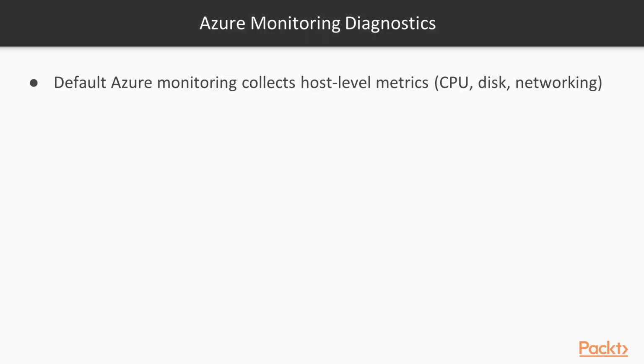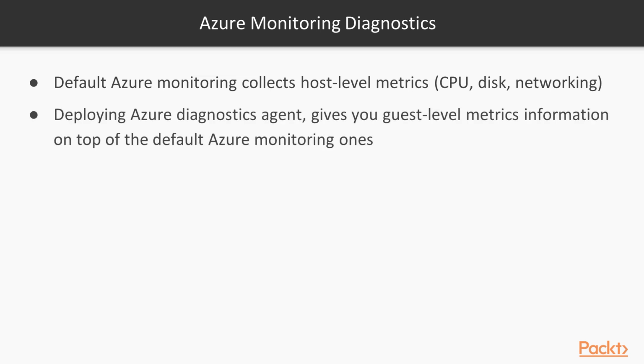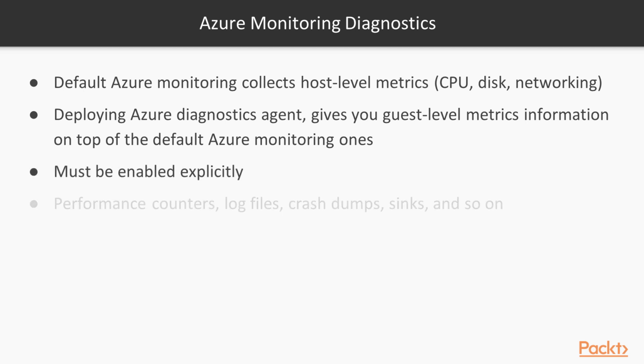The diagnostic settings again allow you to collect host level metrics, but out of the Azure Diagnostics agent, which you need to enable explicitly, it also gives you guest level metrics info on top of the default Azure monitoring ones. Again, it needs to be enabled, but what it gives you is detailed performance counters, log files, crash dumps, and if you want, syncs, again depending a bit on application and operating system.